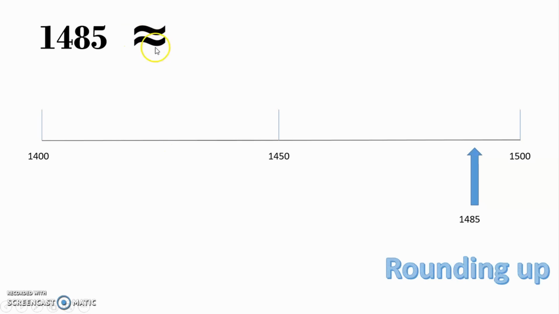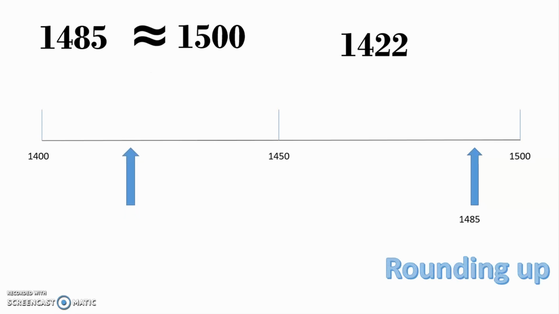I use this symbol to represent approximately, and 1,485 is approximately 1,500. Now let's say that there were actually 1,422 persons present. That would lie somewhere around here.